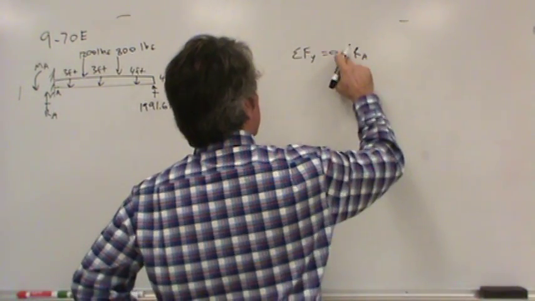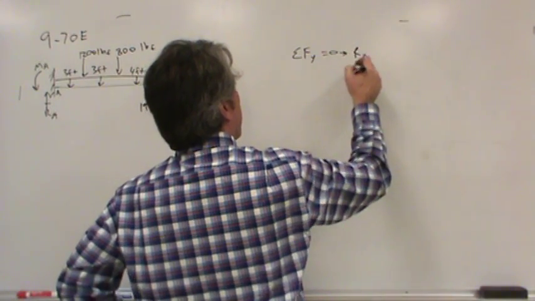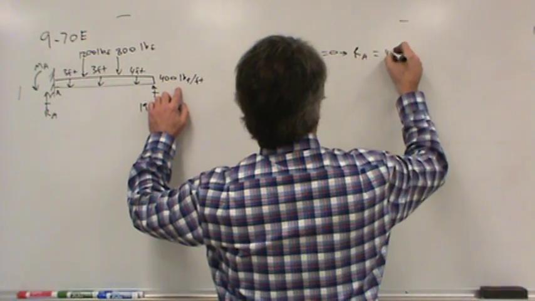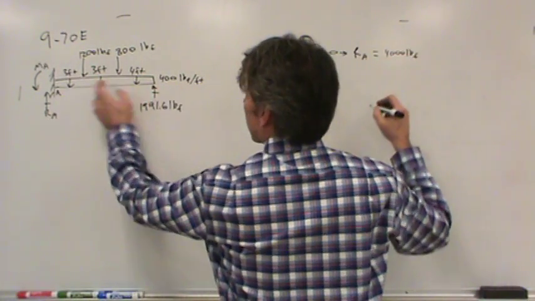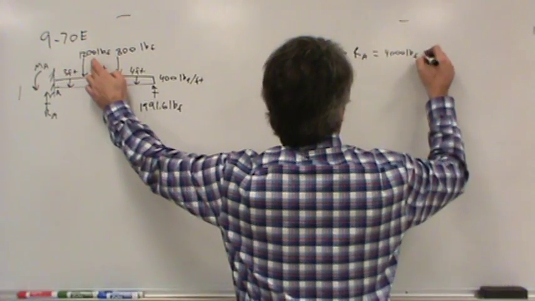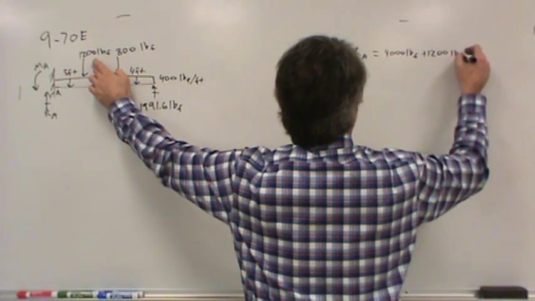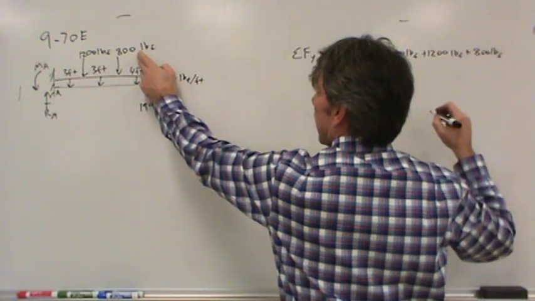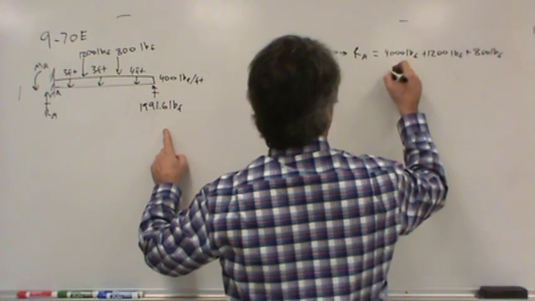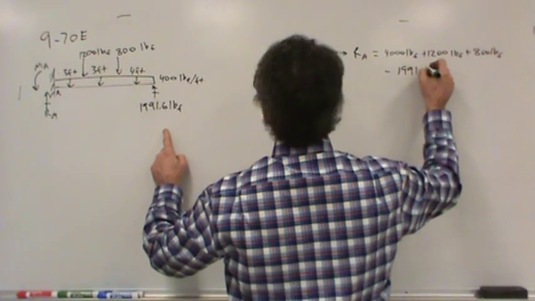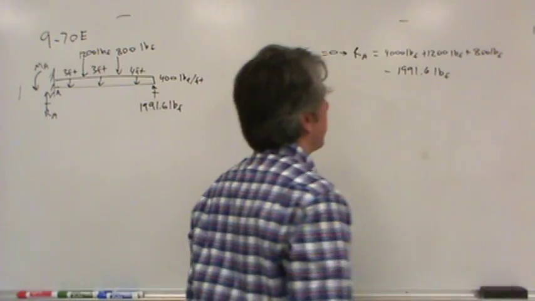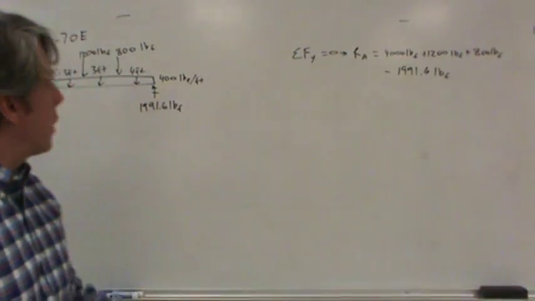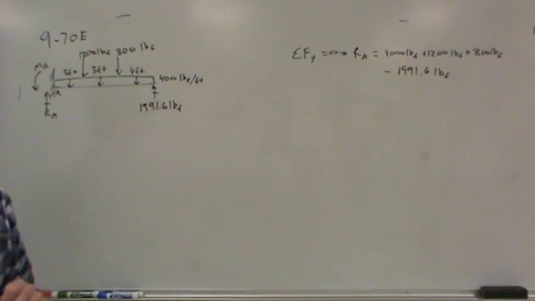So this implies that the reaction at A would be equal to 4,000 pounds force for the distributed load, plus 1,200 pounds force for the first point load, plus 800 pounds force for the second point load, minus the reaction at D. So the reaction at A has to support all of the loads except for what R D supports.